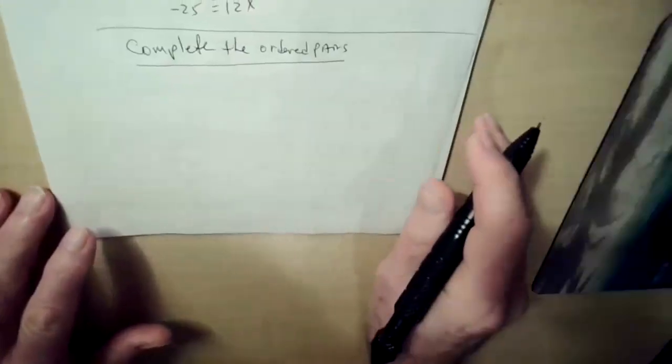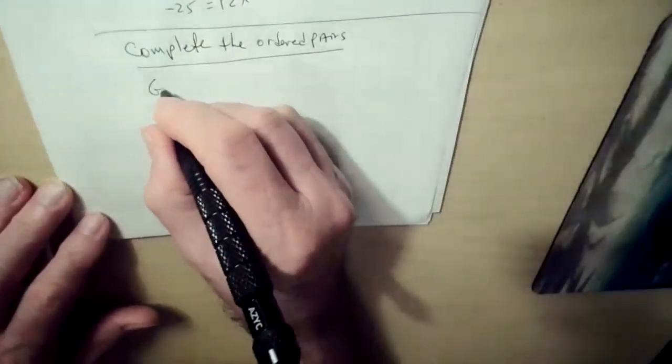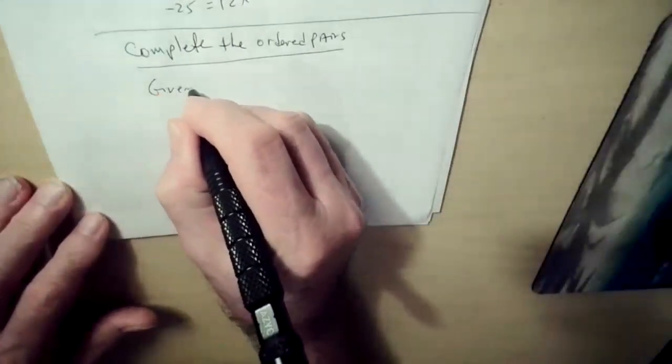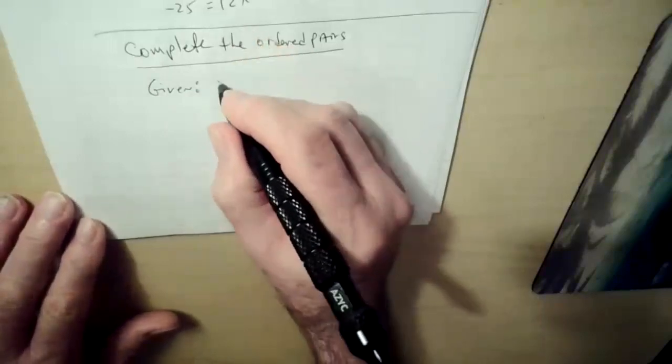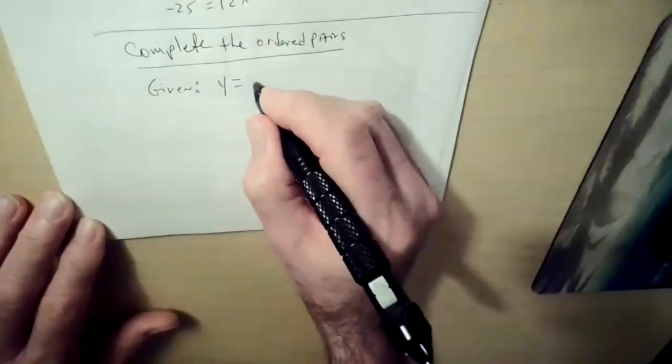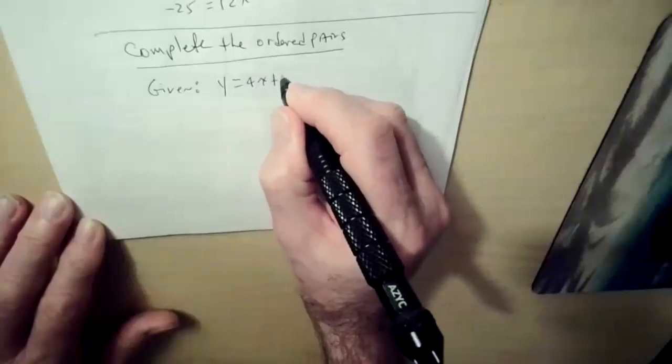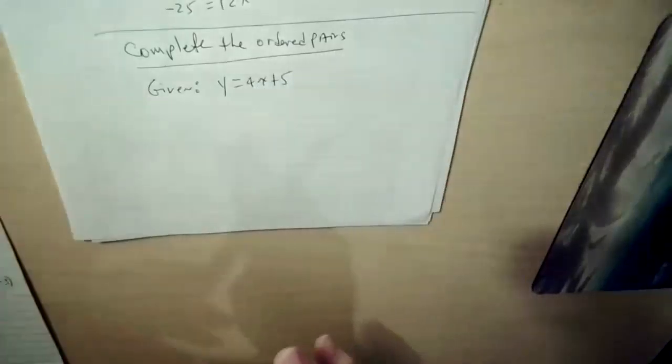Okay, complete the ordered pairs. If you're given that y equals 4x plus 5, you're given that linear equation. What form is that in?